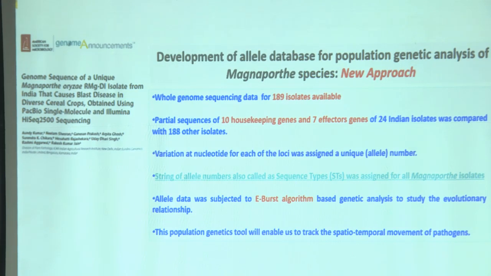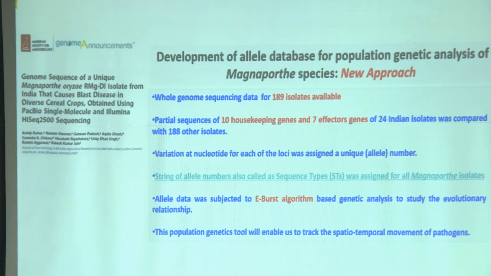So, a plant pathogen like Magnaporthe or Ralstonia, right, or Xanthomonas, you can do the same work. So, what you have to do? You get into the genome data and shortlist the potential housekeeping loci or housekeeping genes, sequence it.